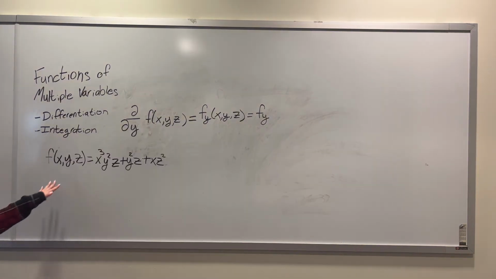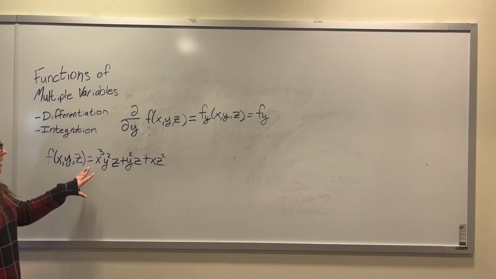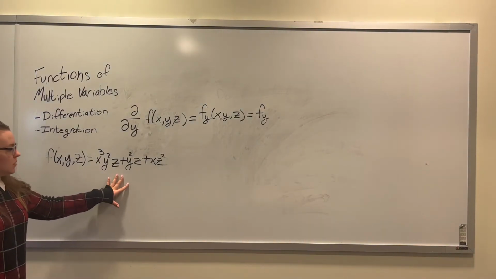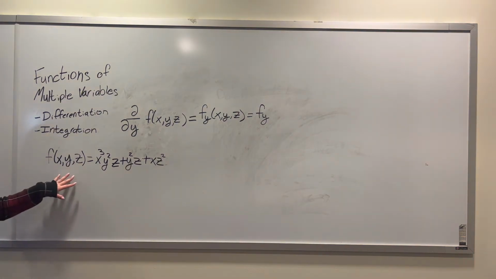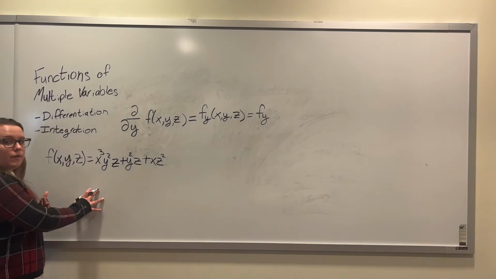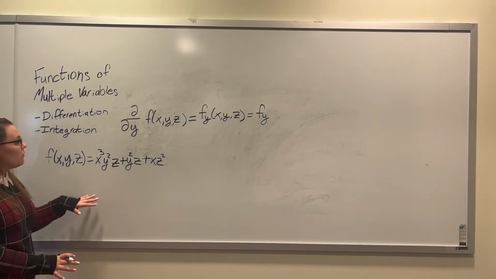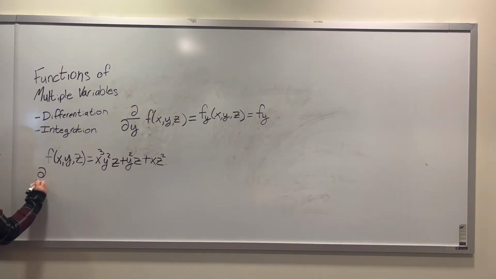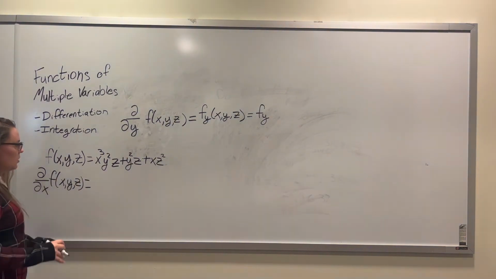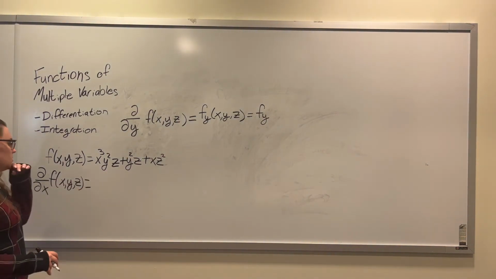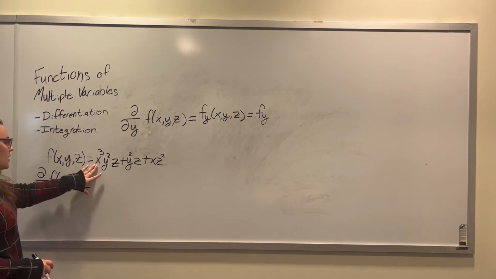So let's say we want to take the partial derivative of this equation, x cubed y squared z plus y squared z plus x z squared. So we can take the partial derivative with respect to x, y, or z, but not all at once. And when we do this, we treat the other variables as constants. So for example, if we wanted to take the partial derivative with respect to x of this function, we would look at each part of this and only want to focus on x.